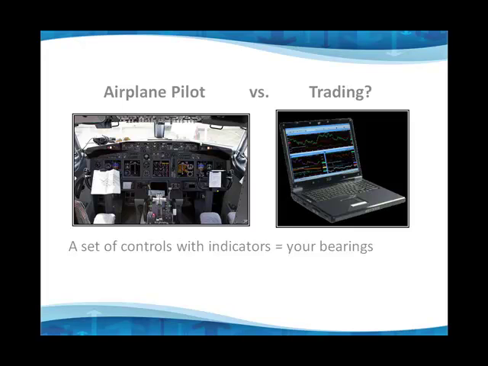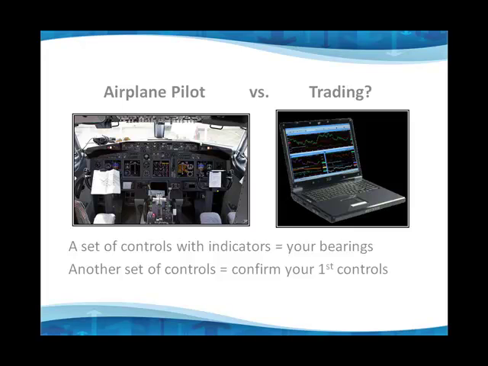The interesting thing he told me is that you've got some controls and instruments that give you indicators on your bearings, and then you have another set of instruments that confirm the indicators on your first set. So really you've got different systems keeping all the systems in check.